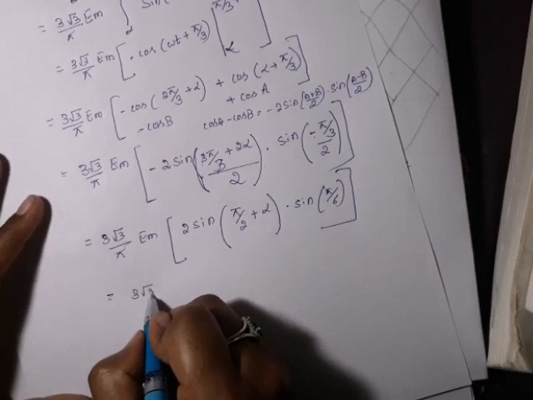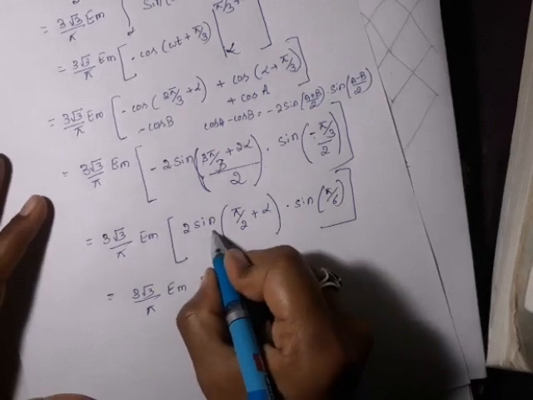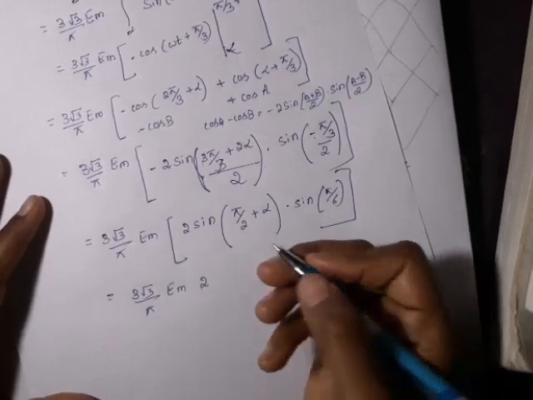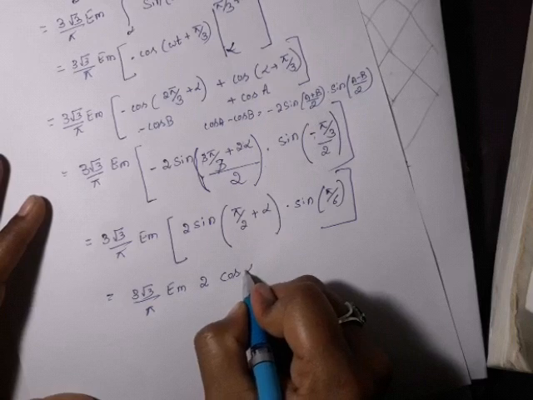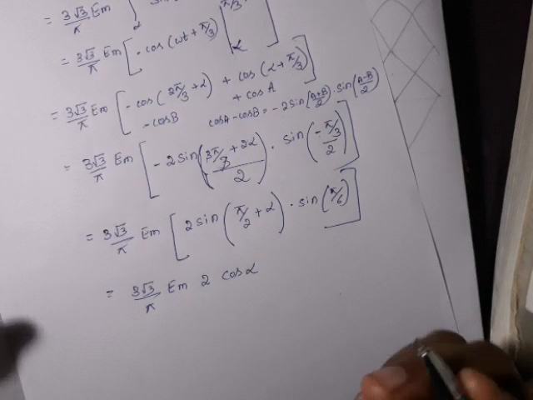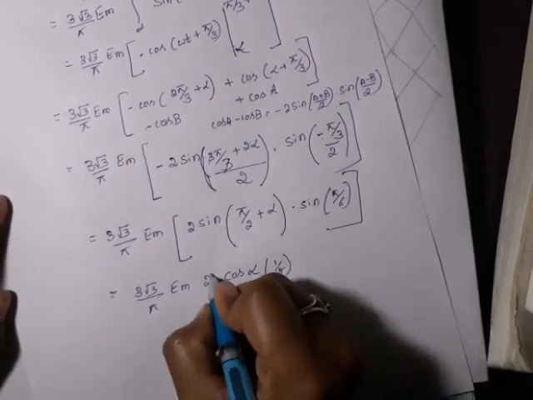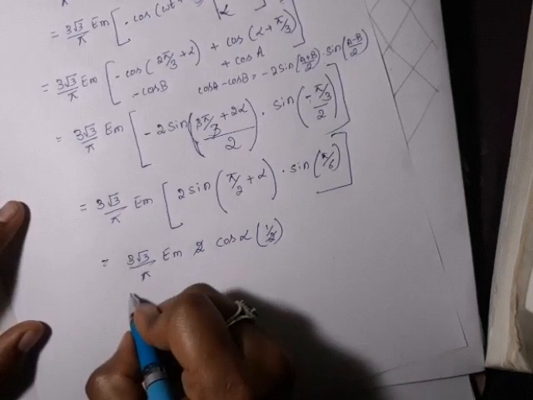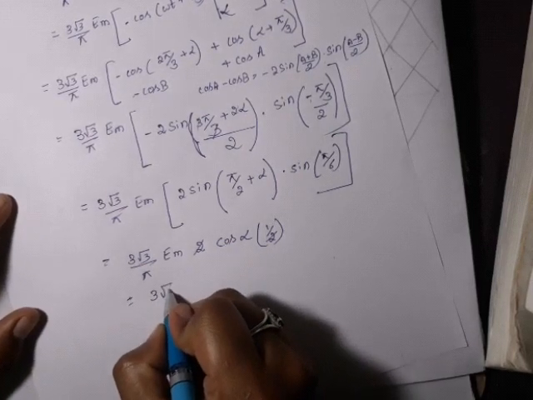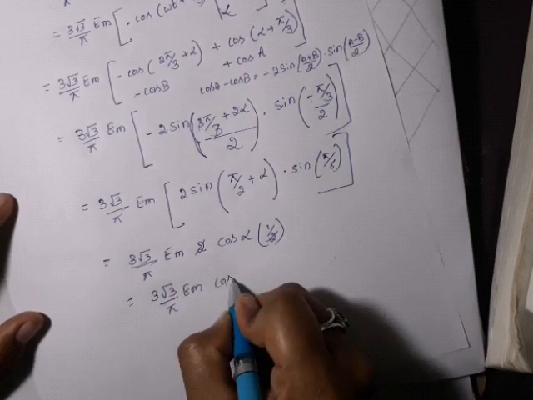So 3 root 3 by pi EM into sine of pi by 2 plus alpha. We can write it as cos alpha. What is sine pi by 6? Sine pi by 6 is 1 by 2. So 2 and 2 get cancelled. It will become 3 root 3 by pi EM into cos alpha.